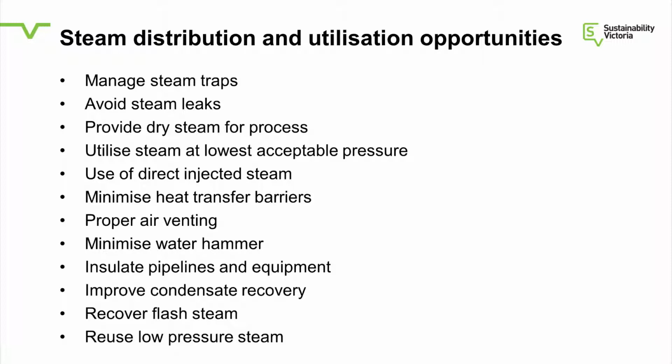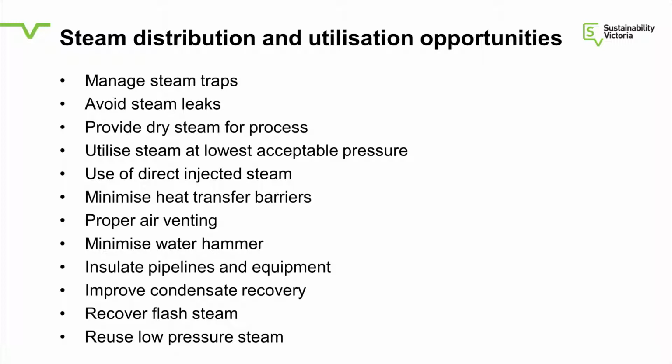The use of direct injected steam. In other words, most systems use heat exchangers, but some people will take steam and put it directly into a hot water tank and heat the hot water. That's okay, it's efficient, but if it bubbles to the surface and vaporises away, that's very inefficient.